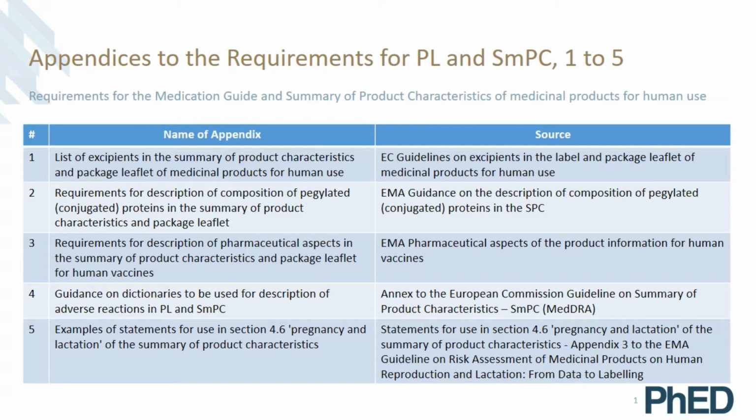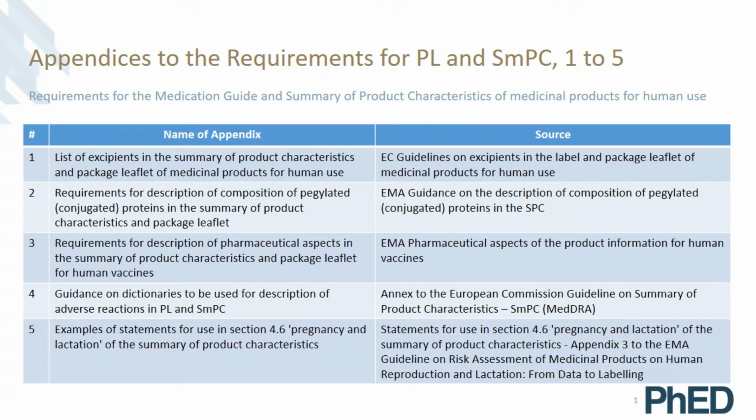Appendix 3 lays down requirements for the description of pharmaceutical aspects in the Summary of Product Characteristics and Package Leaflet for human vaccines, and is adapted from the EMA guideline on pharmaceutical aspects of the product information for human vaccines. Appendix 4 gives guidance on dictionaries to be used for the description of adverse reactions in PL and SMPC and corresponds to the annex of the European Commission Guideline on Summary of Product Characteristics.